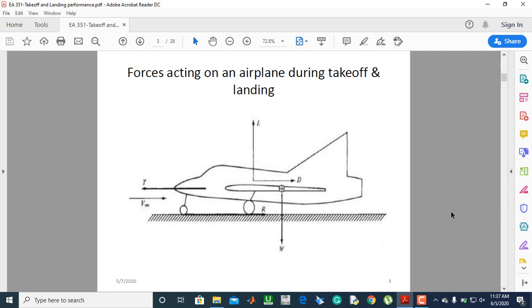We have the weight that is acting on the center of gravity, and we've got the lift and drag as well as the thrust.